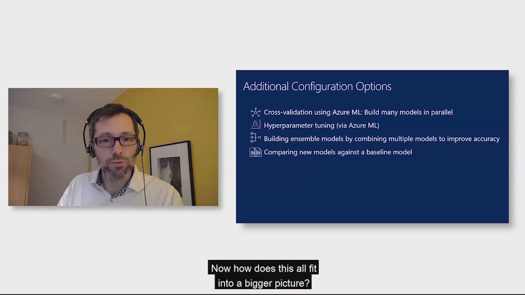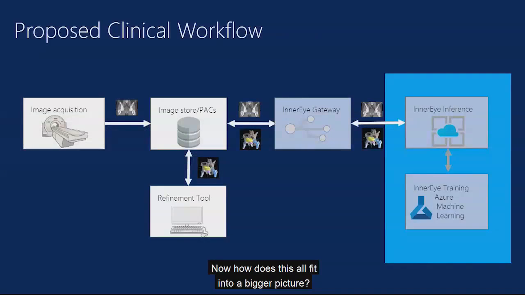Now, how does this all fit into a bigger picture? If we want to evaluate some of these research models in a hospital setting, this is how such a clinical workflow could look. You could hook up the model with the hospital PACS system. You would send it over to a gateway system.